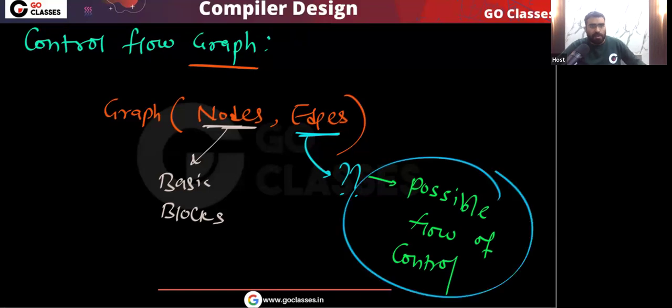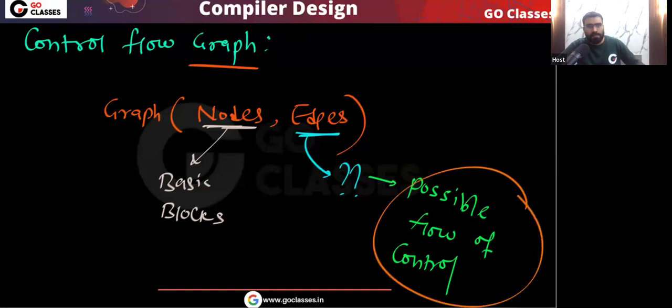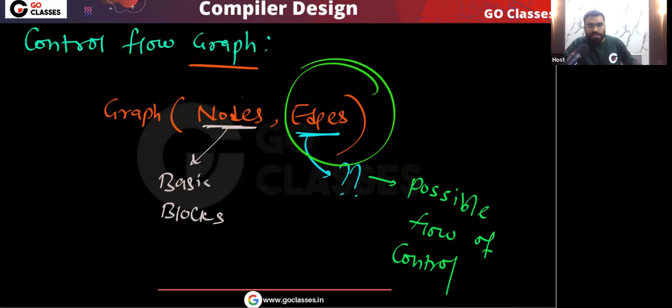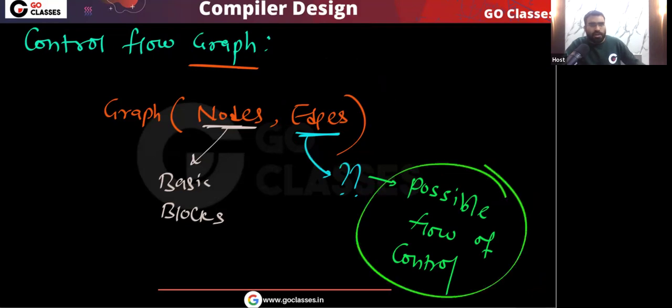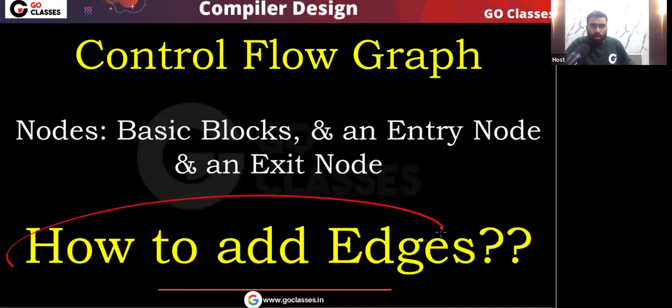If from one basic block you can go to another basic block, then we will put an edge. If there is no possible flow of control, then we will not put the edge. Very simple point.